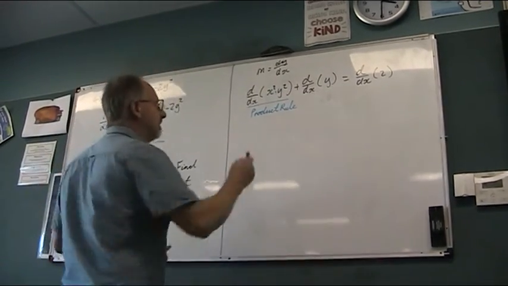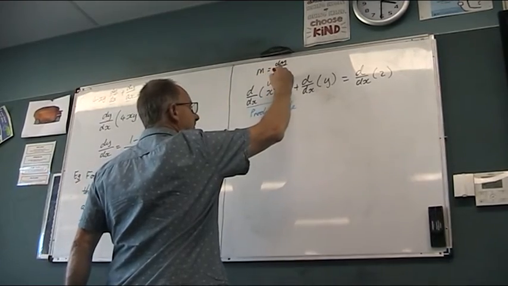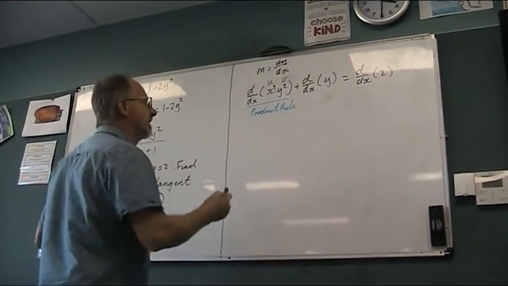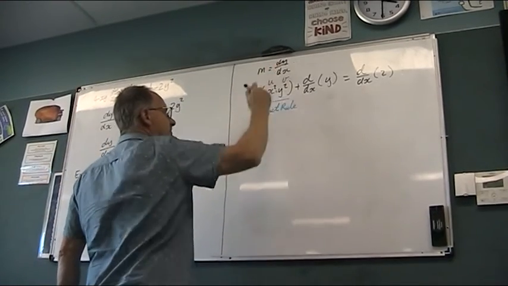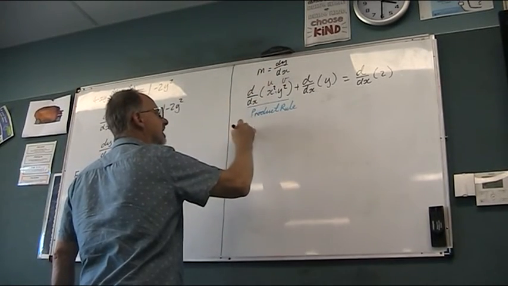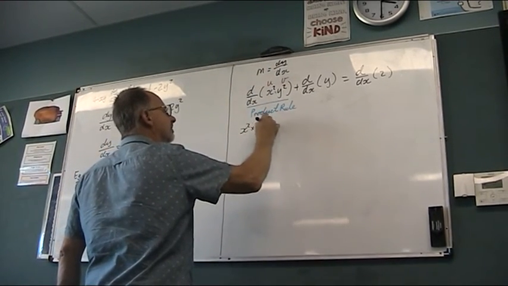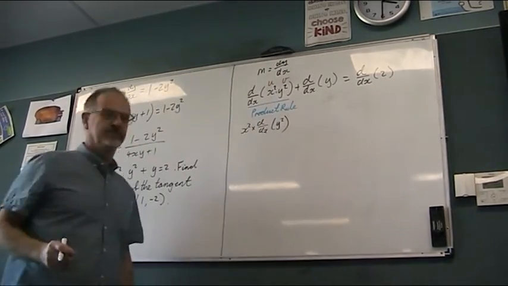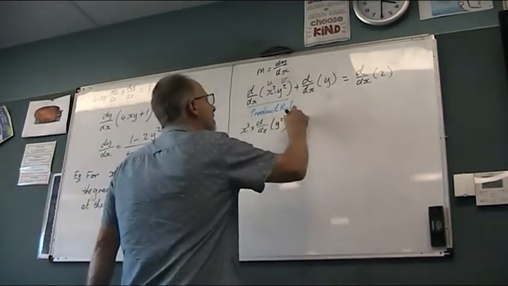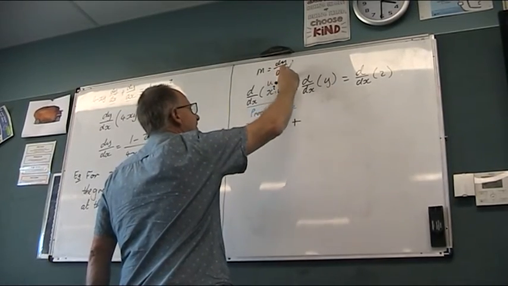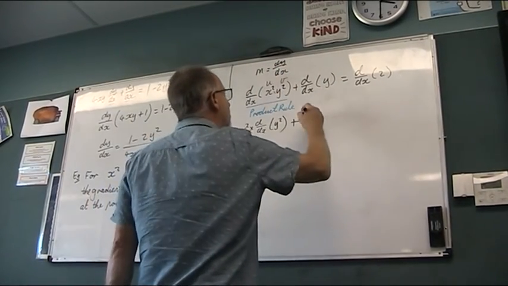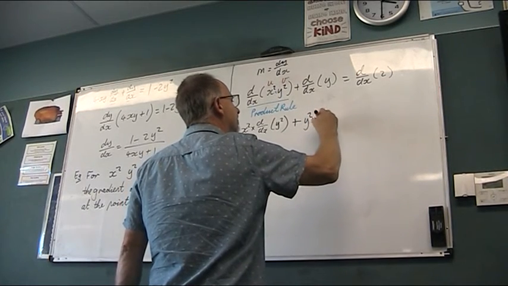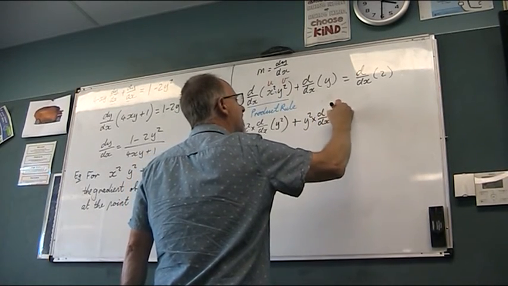If I'm saying that that's u and that's v, the product rule says u times the derivative of v, so that's x squared times the derivative of y squared, plus v times the derivative of u, so that's y squared times the derivative of x squared.